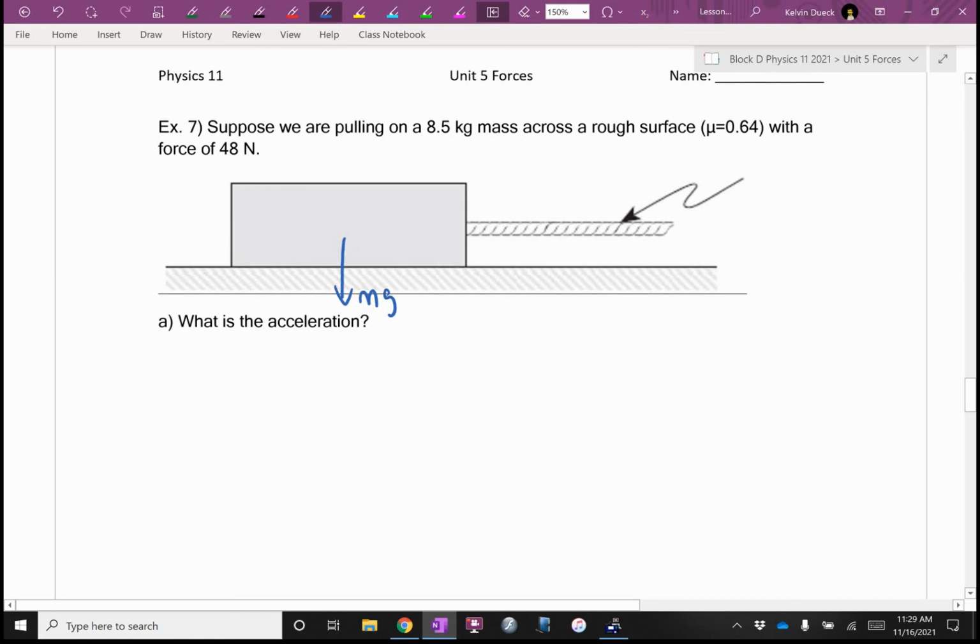What else? By the way, now that we're deep into forces, I'm going to give you fewer and fewer hints. So you notice I'm not doing all the song and dance. I'm just saying, what else? So what else, Ashley? Bigger, smaller, the same size as mg. Okay. What else? Sure, I agree with that. Which way?